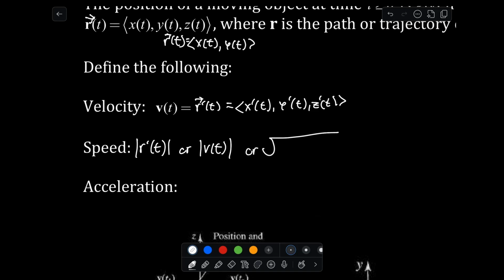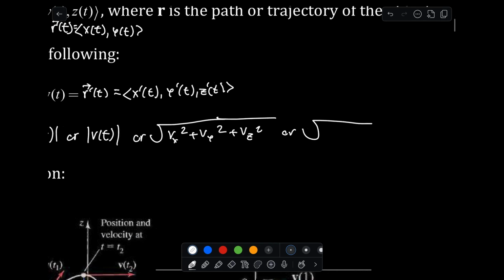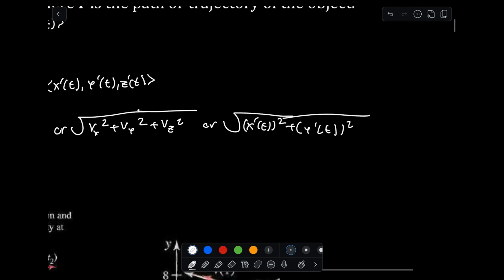Or we can rewrite it as the square root of vx squared plus vy squared plus vz squared. You can also rewrite it as x prime of t squared plus y prime of t squared plus z prime of t squared, and so on.